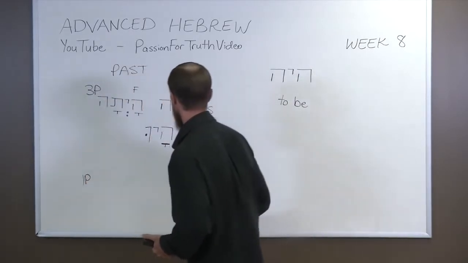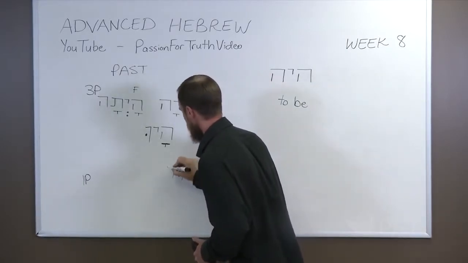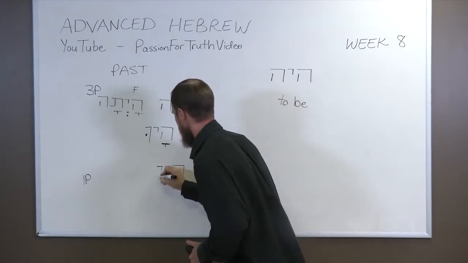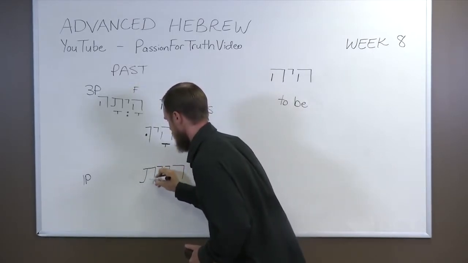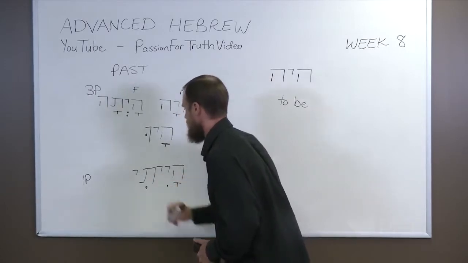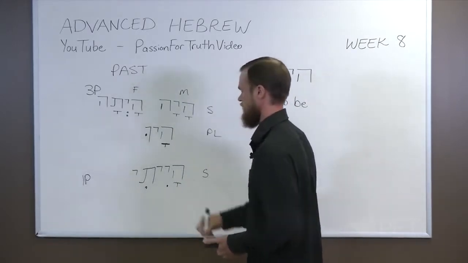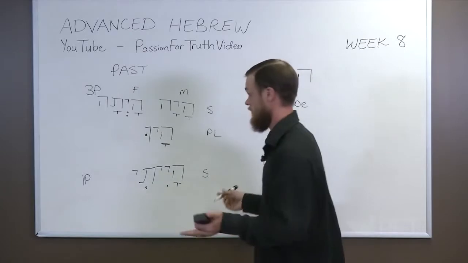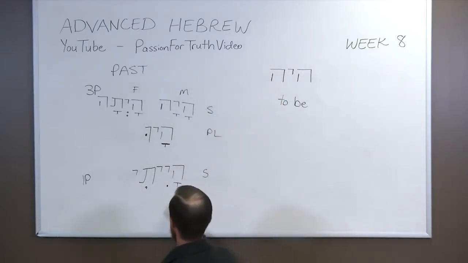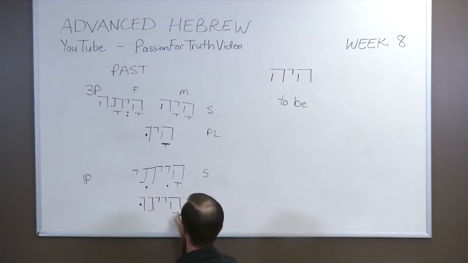In the first person, I'm going to skip over the second person. But if you're going to say I was, again, it's an irregularity. Hayiti is I was. And that's for masculine or feminine, because in the first person, it doesn't matter. And for we were, hayinu. Not hyena, but hayinu.